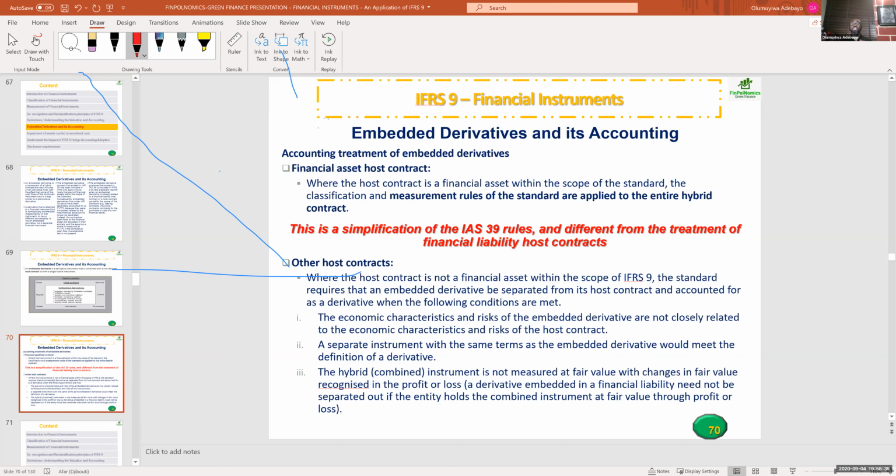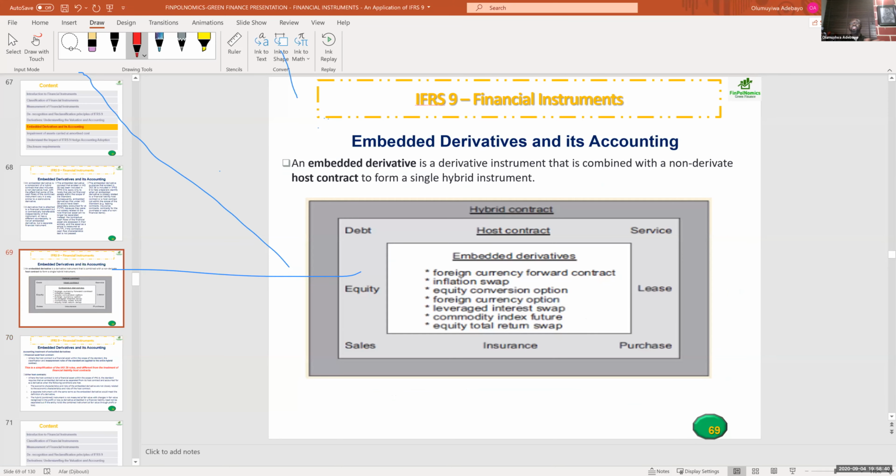For example, if the host contract is a debt instrument, which we mentioned earlier, and it passes the business model test and the contractual characteristics test, it then means that such debt instrument naturally as a host contract will be measured at amortized cost. Which means by the time I split the embedded derivative into debt security host contract, I measure it at amortized cost, and derivative, which is option written on it, I measure it at fair value.